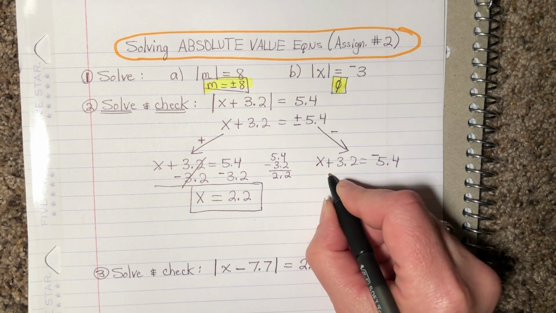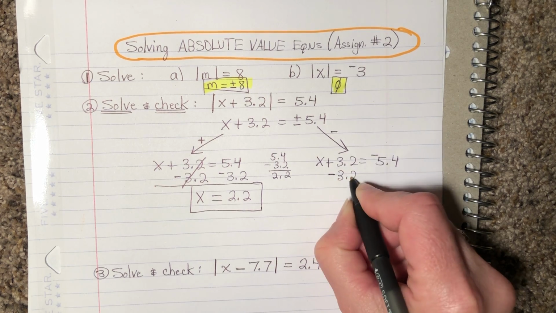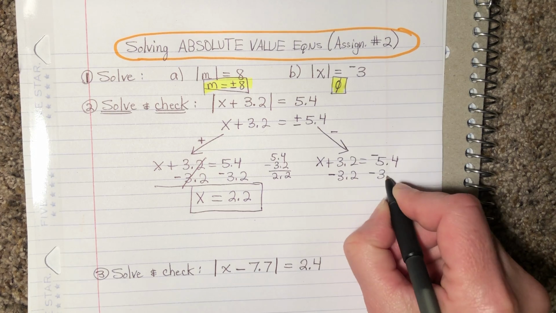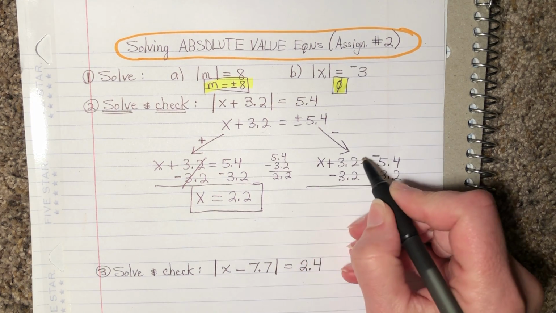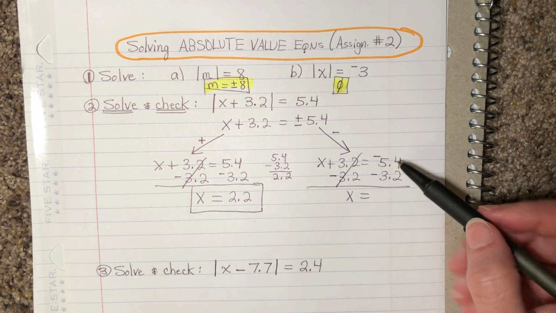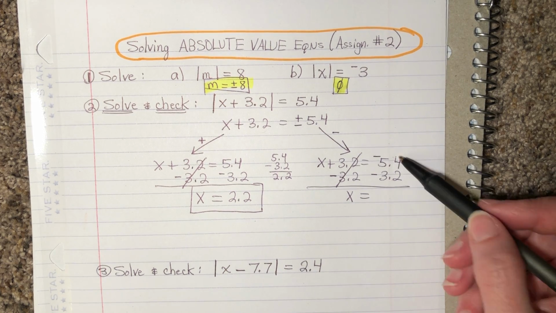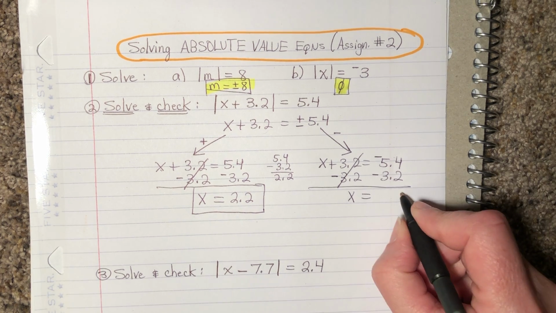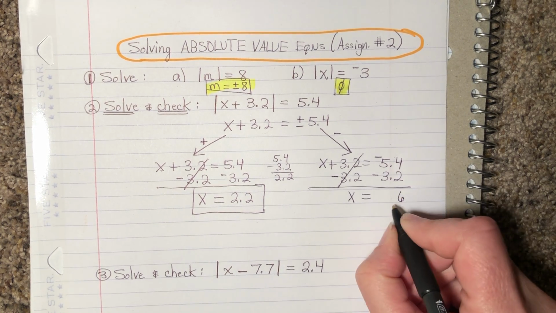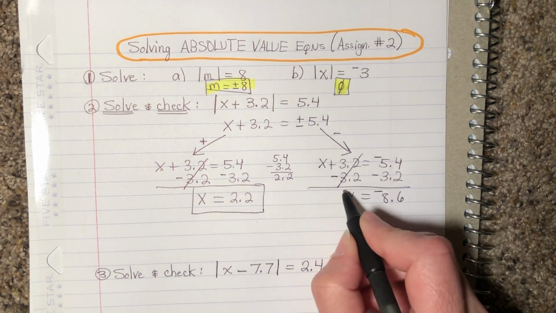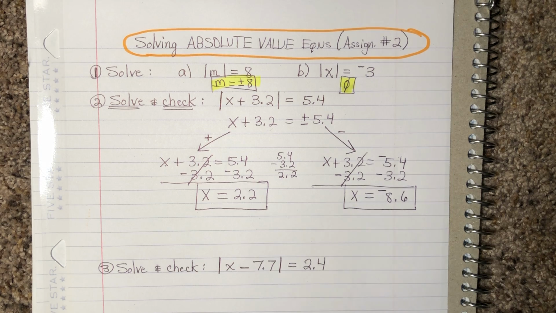On this side, I also have to add a negative 3.2 because I still want to cancel this. I still have to do the same thing to the other side, cancel, and I get x equaling. Now I'm adding two numbers with the same sign. They're both negatives, so I just need to add them and keep the sign. So negative 8.6 is the other.